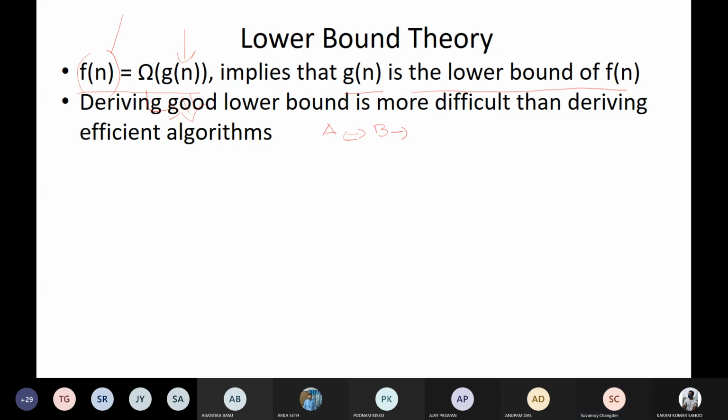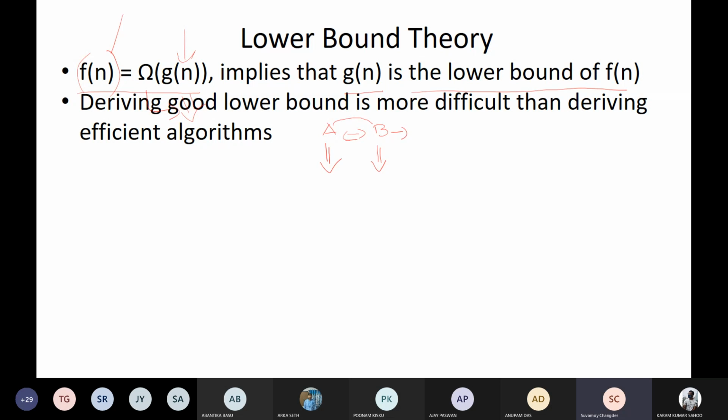But when we find the lower bound, that means the minimum time required to execute A for a given input size, and the minimum time required to execute B for the same input size, by comparing these two bounds we can say which one is best.